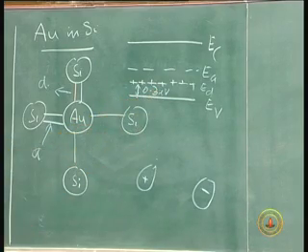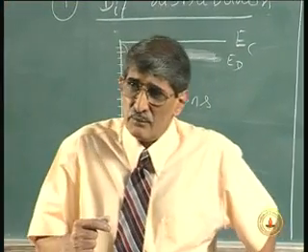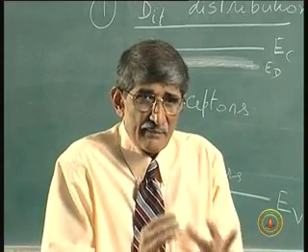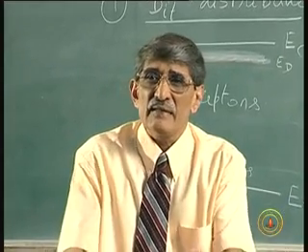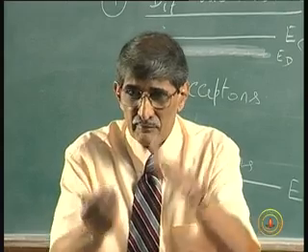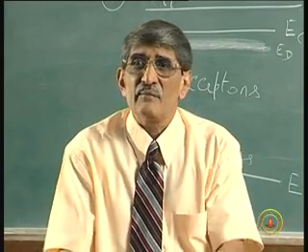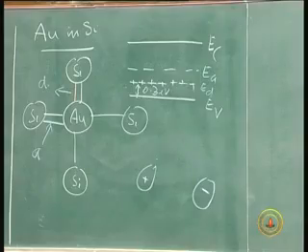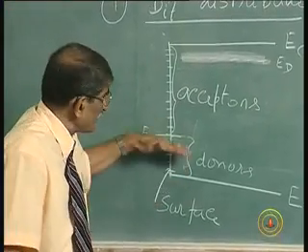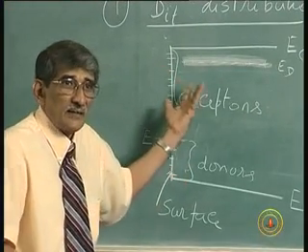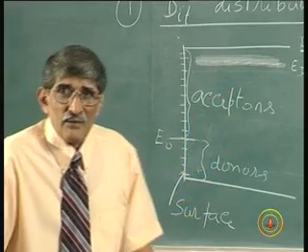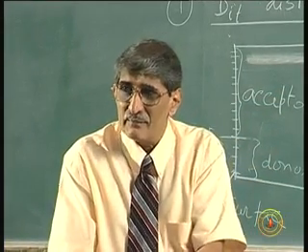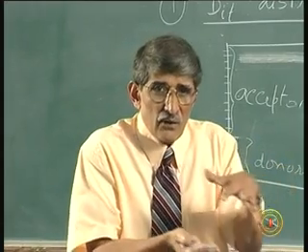So, what I am trying to point out is, you have got a situation now where for the same type of impurity, if it is donating and accepting, the donor levels will be below and the acceptor levels will be up. Now, you have got some of them donating, some of them accepting.